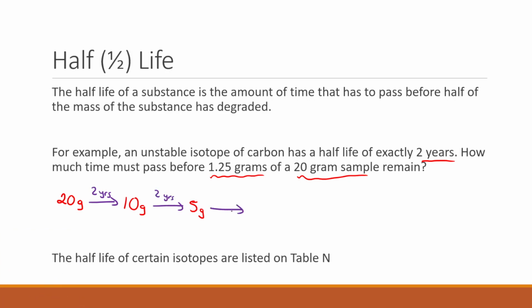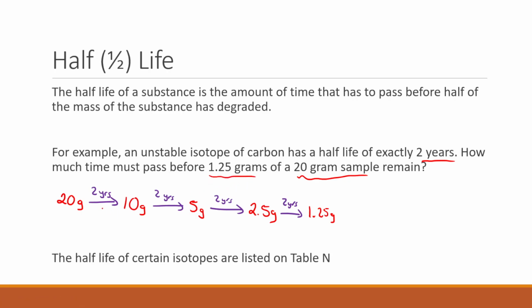Another 2 years go by. We have 2.5 grams left. Another 2 years go by. We have 1.25 grams left, and all of a sudden, we've reached our target. So how long did that take?